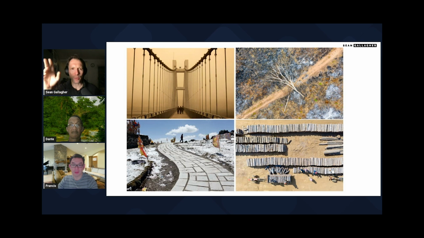Then in the top right, we have the diagonal line of the path running across the image. Bottom left, we have the path running through the frame, taking you all the way to the man walking across the ridge line there. And on the bottom right, we have the lines running across. This is a drone shot of a logging yard. But again, it's all about the geometry. It's all about using those lines to create an interesting and impactful image.